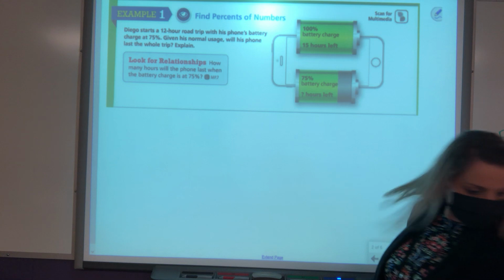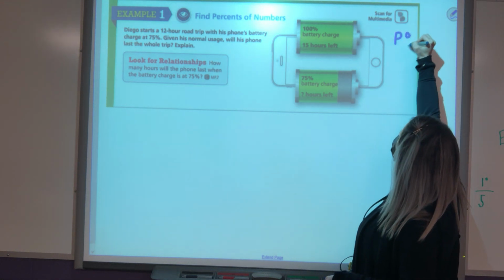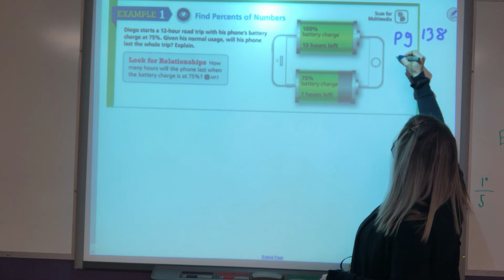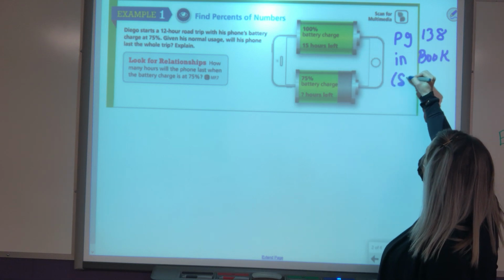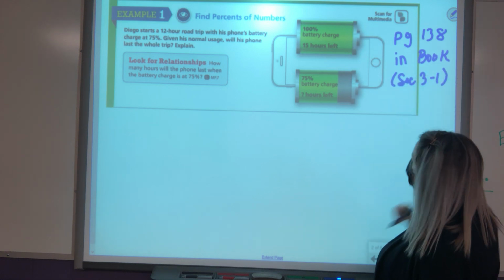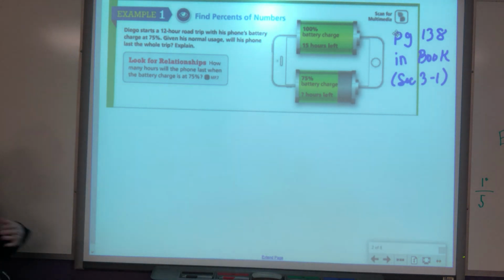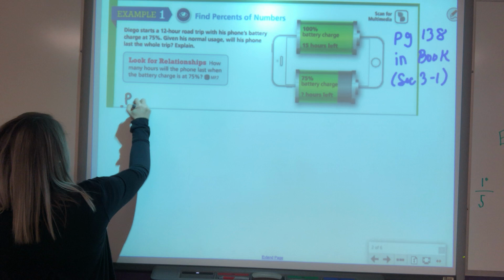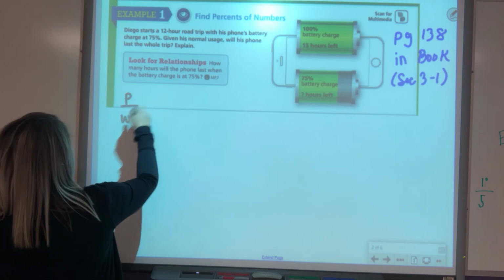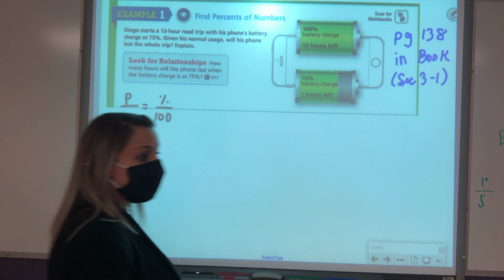If we're online, we're going to be on page 138 in your books. This is section 3-1. Today we focus on setting up word problems using the percent proportion. Yesterday we said the percent proportion is the part over the whole equals the percent over 100.